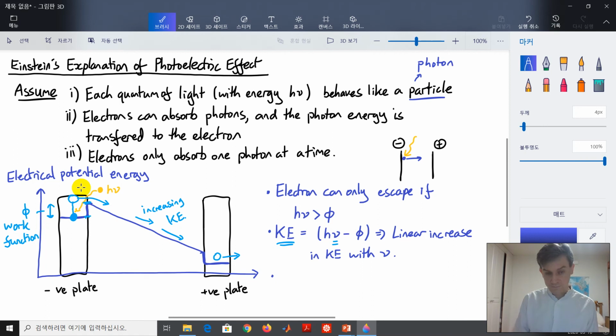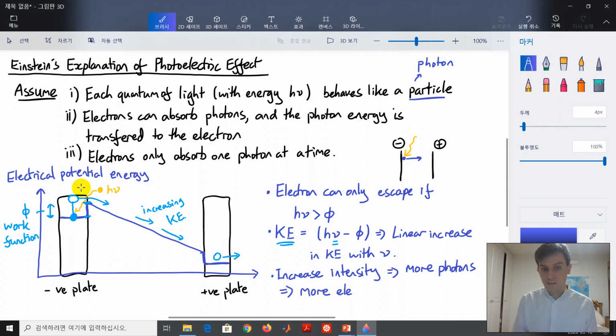So if you increase intensity, this means you have more photons, and this means you have more electrons emitted. But because each electron only absorbs one photon, the electron energy does not change.